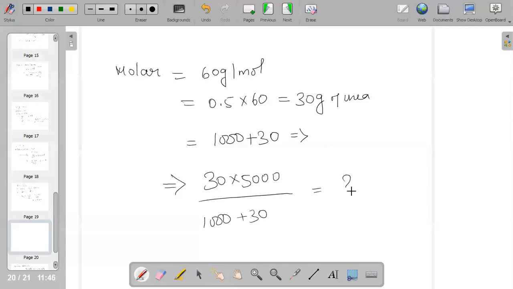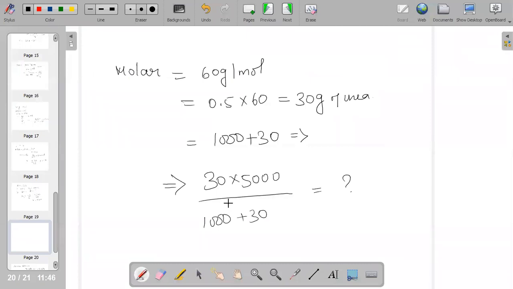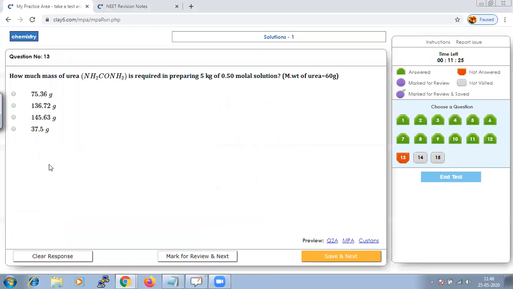Whatever value we get is the mass of urea required for preparing 5 kg. If you solve this, you will get around 145.63. Let us save that and go to next.